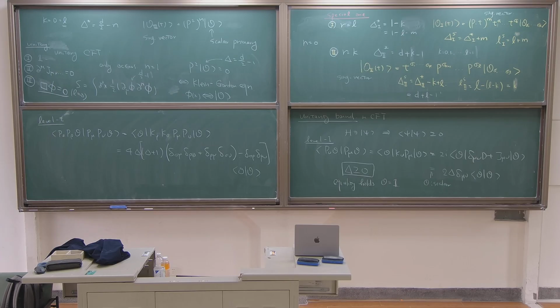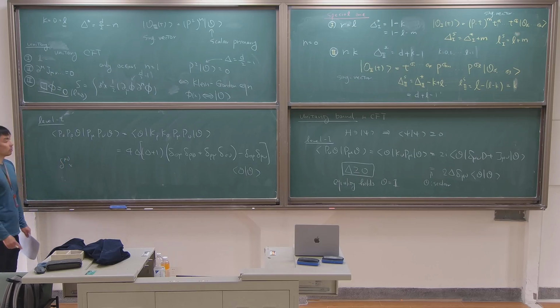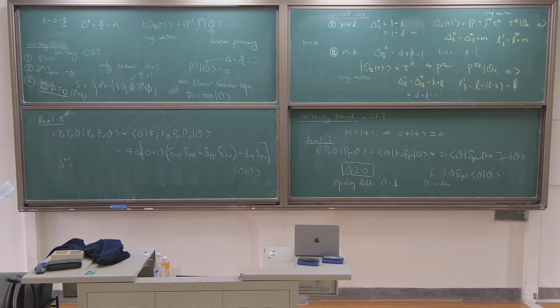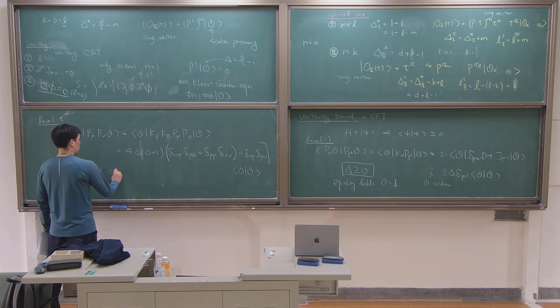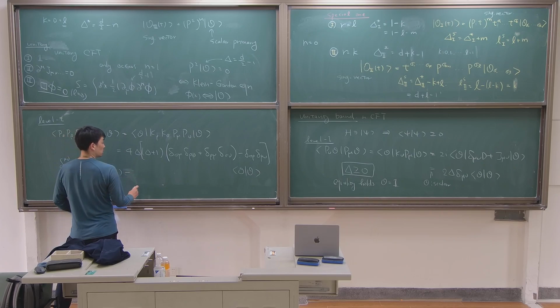Question is, what can it tell you from here? To tell something important, let's contract with the delta mu nu. If you contract with delta mu nu with this one, you get delta, delta plus 1 times 2 delta sigma rho overall factor, minus d delta sigma rho.